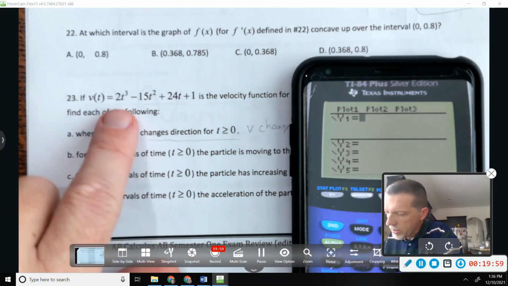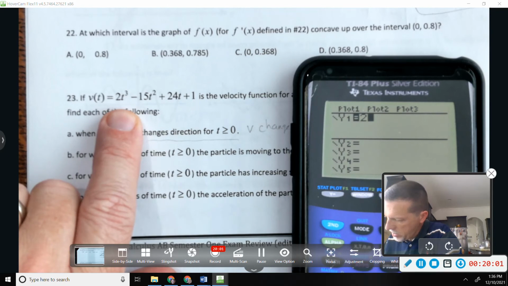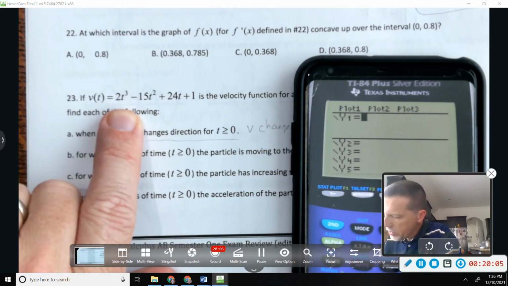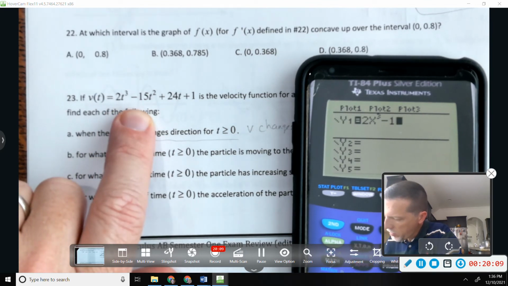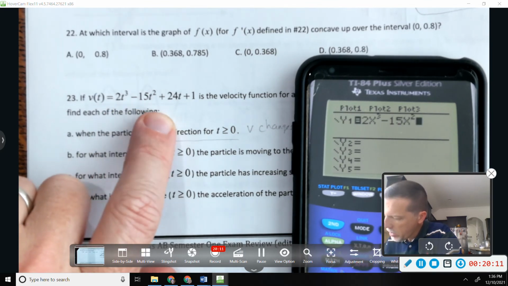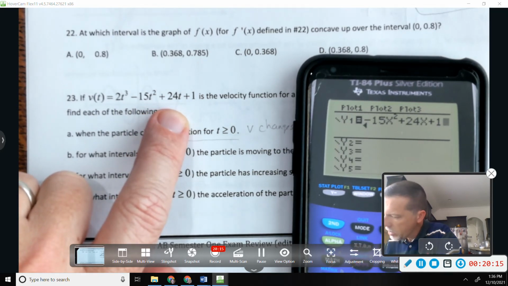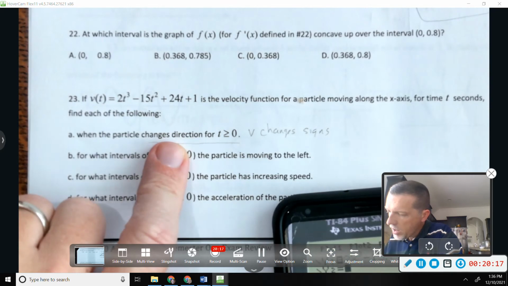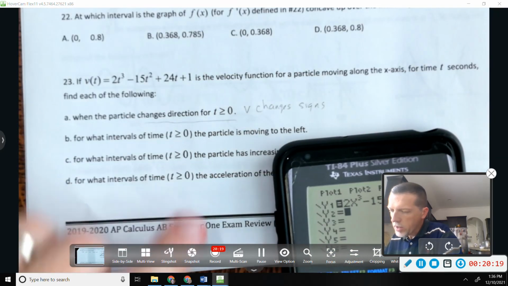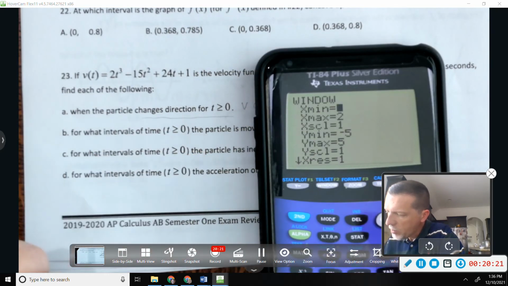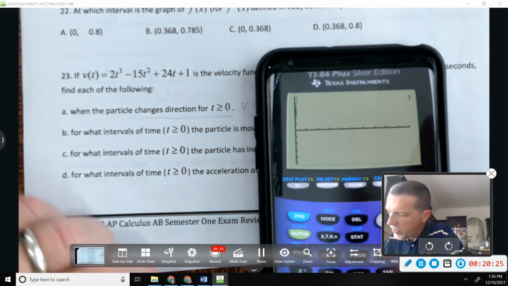So this will be a little easier than that sine stuff to put in. 2x cubed minus 15x squared plus 24x plus 1. And it doesn't give us a window to look at, so I better be careful. Let's go to 10 just to be careful.